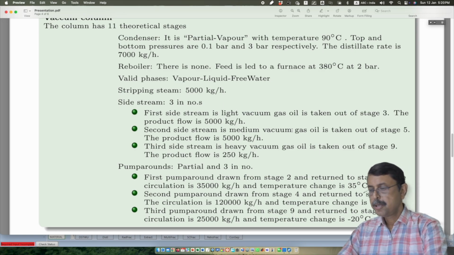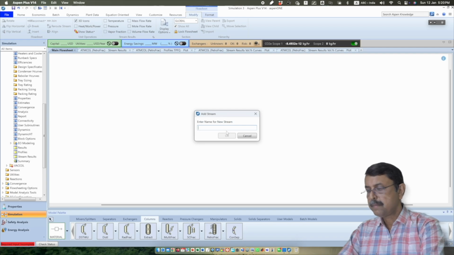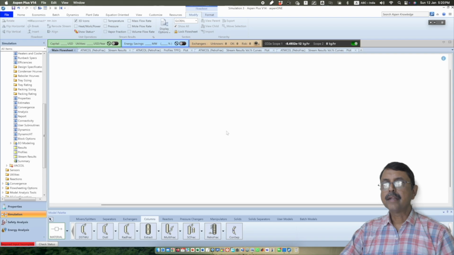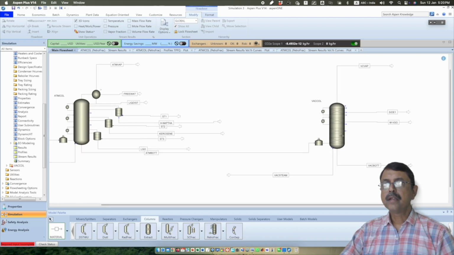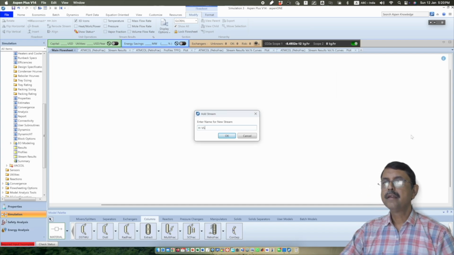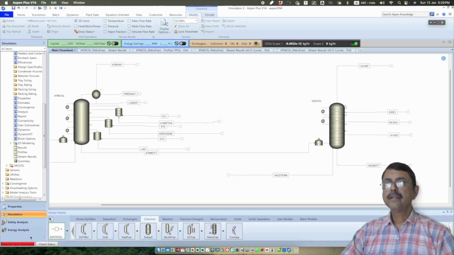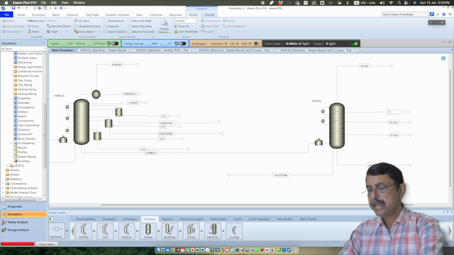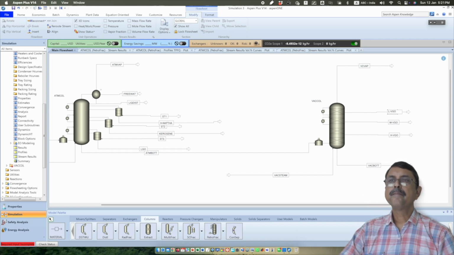So we write medium vacuum gas oil. And third one is heavy vacuum gas oil. Right? And this one we change the name to light vacuum gas oil. Okay. Now, these are the things that we need over here.